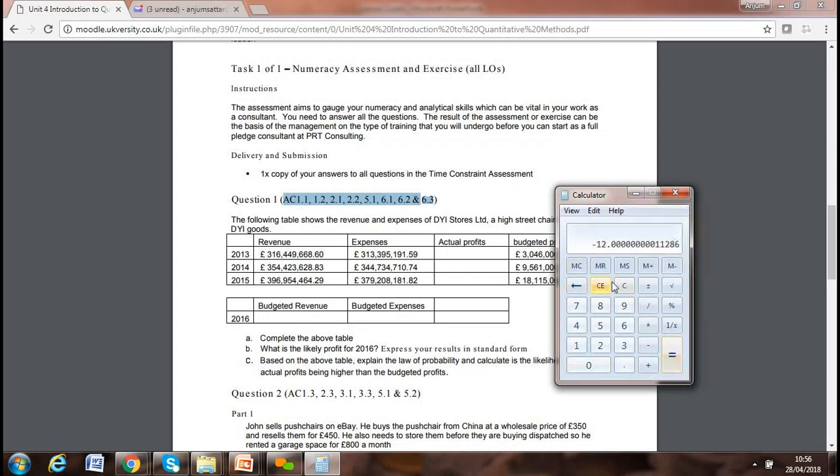Can we do the change between 2013 and 2014? Yes, that was 19, and this year is 2014 to 2015. If we do rounding, that was 20%.